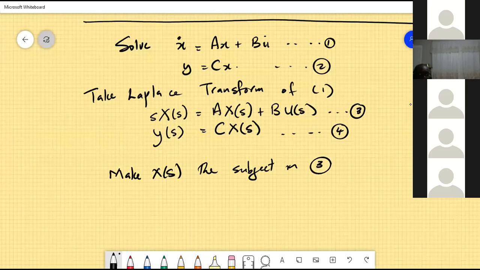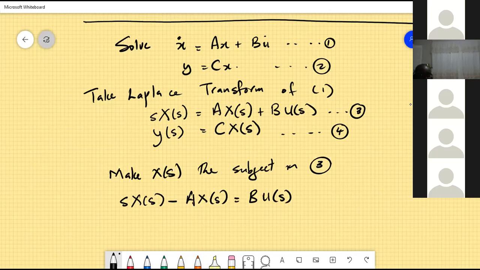so now it's going to be sX(s) minus AX(s), carry over the A, is equal to... and in anticipation of the question, somebody can factorize this for me, please. A minus AX. Not a trick question.